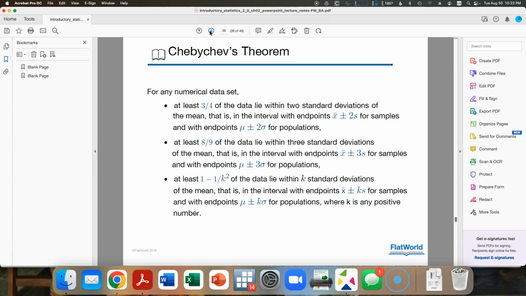And what the theorem tells us is that, essentially, you'd have about 3/4 of your data set being within 2 standard deviations, about 8/9 of your data being within 3 standard deviations of the mean, and then when we look at the endpoints, that would be where we can look at k standard deviations.